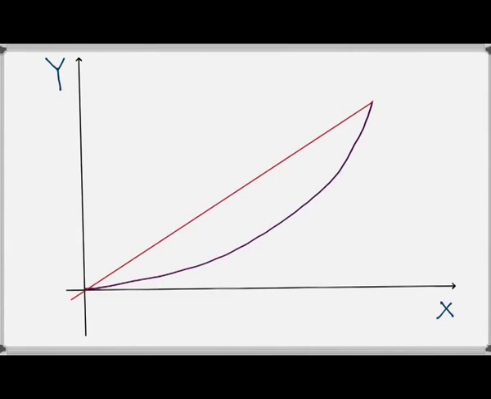So this is the point 1. This is y is equal to x cube and this is y is equal to x and this is 0. So the region I am shading is the region R.